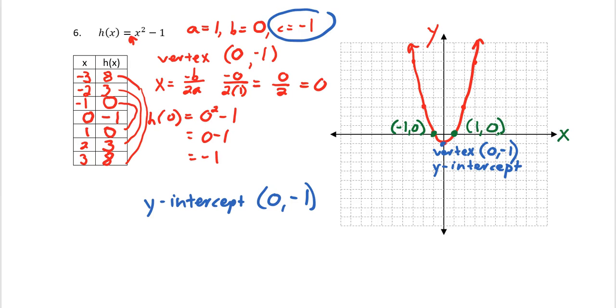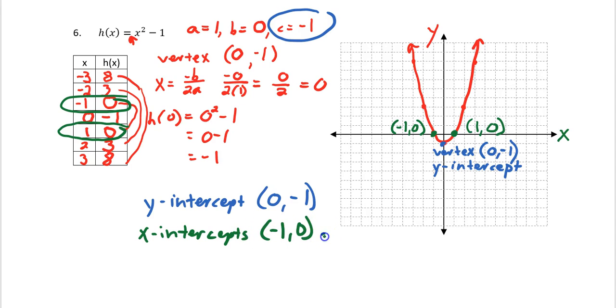We can see those back in our table because an x-intercept will always have a y value of 0. You can spot those in your table also. So we have two x-intercepts. They are -1, 0 and the ordered pair 1, 0.